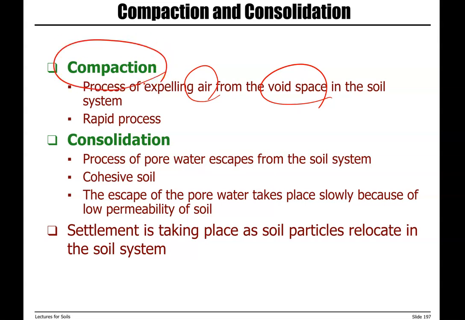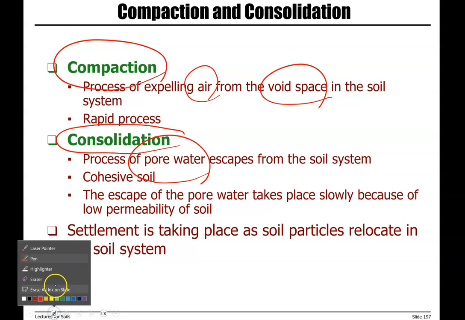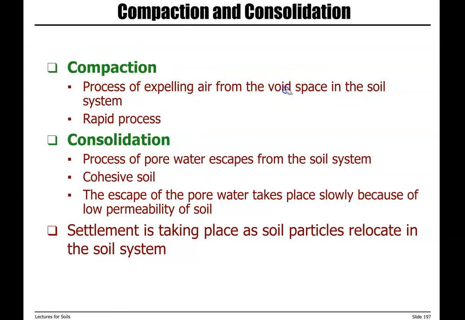When we have a fully compacted soil, it means that there is no more air between the particles in the soil sample. Now, with applying external load, what is being removed from our soil sample is pore water. So the process of pore water escape from the soil system is called consolidation. And that's the difference between compaction and consolidation.